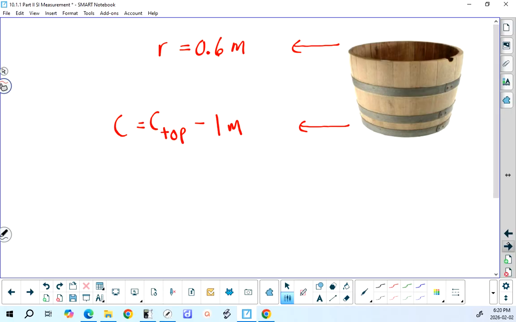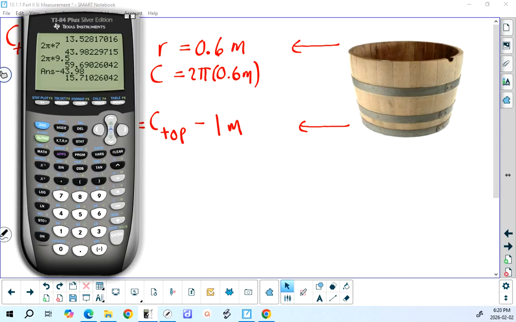Well, what we can do is find the circumference of the top, and I'm just going to summarize that by putting it over here. The circumference of the top is 2 pi r. Let's see what that works out to. 2 times pi times 0.6 gives me about 3.77.